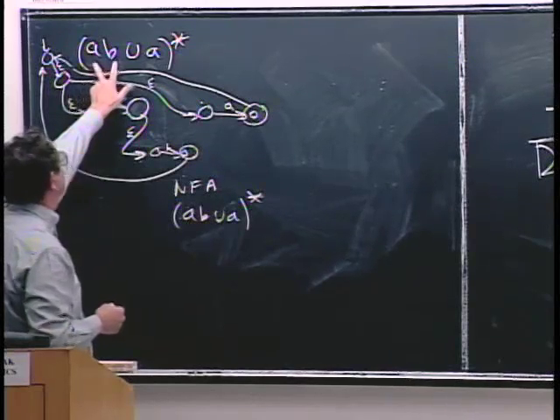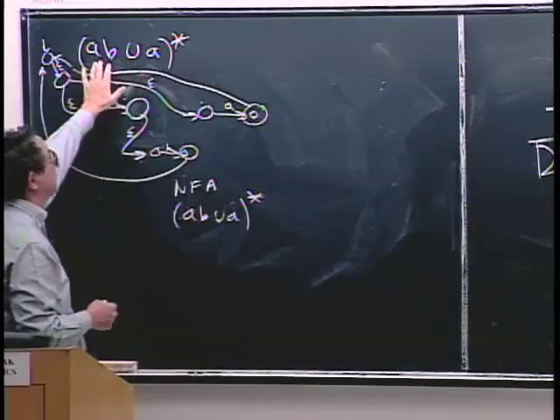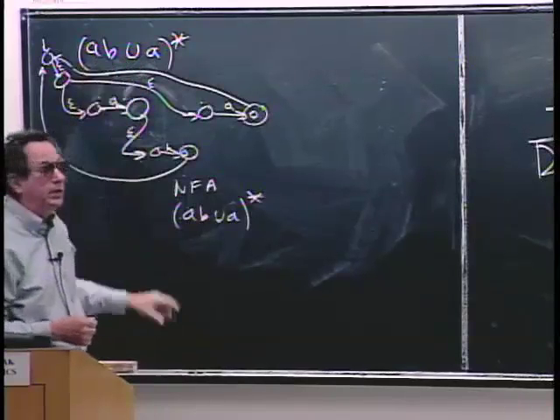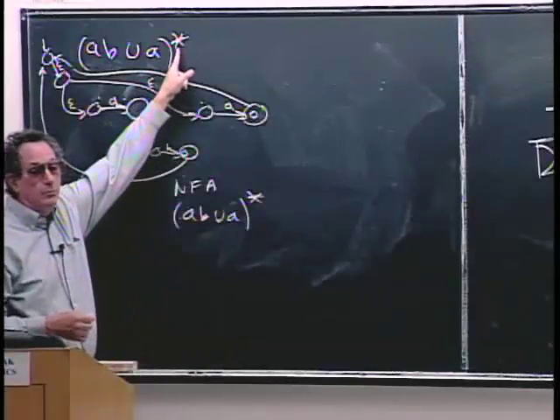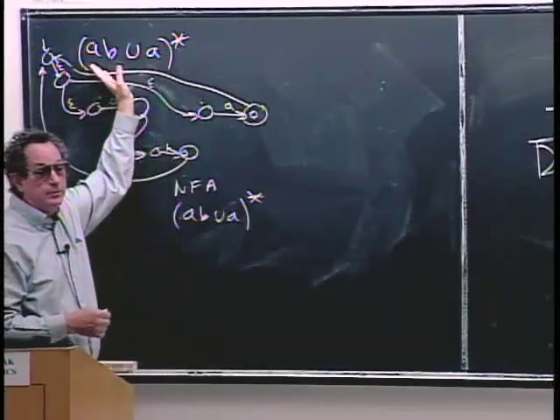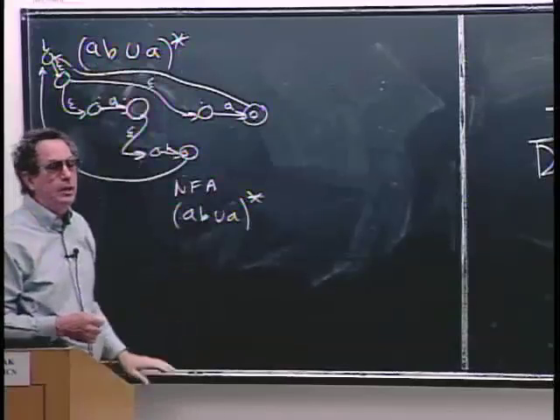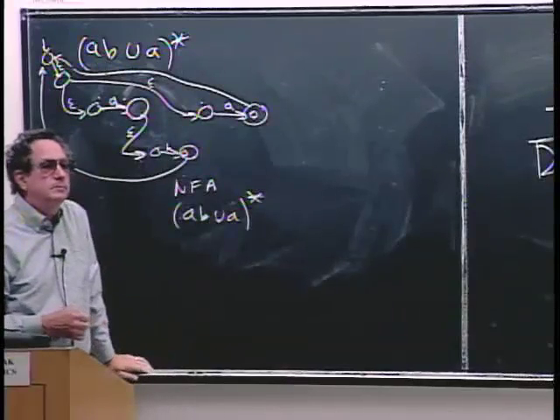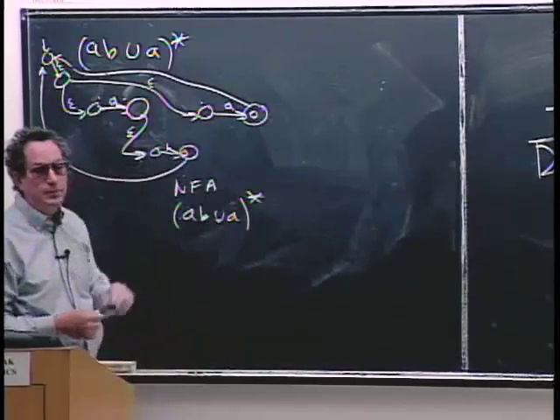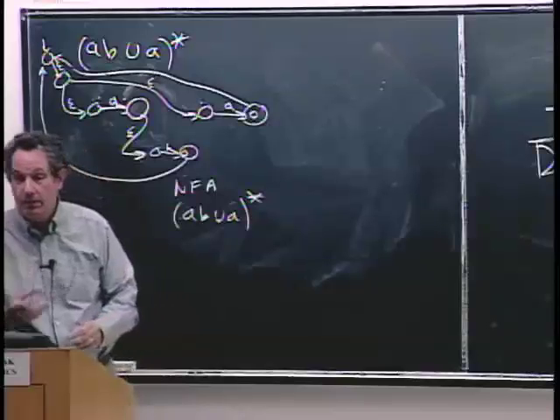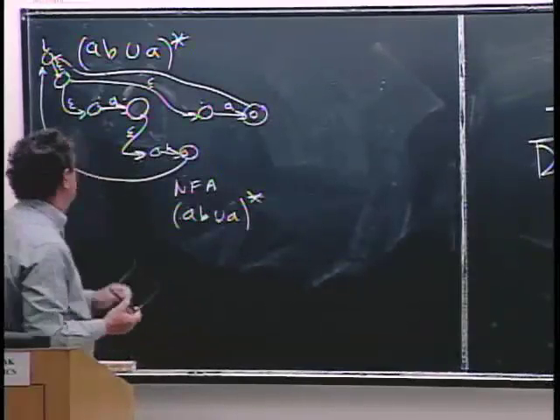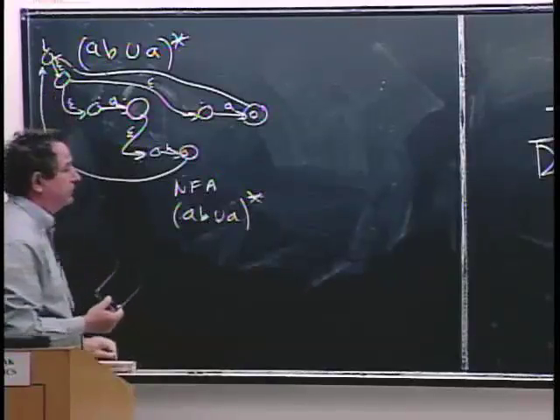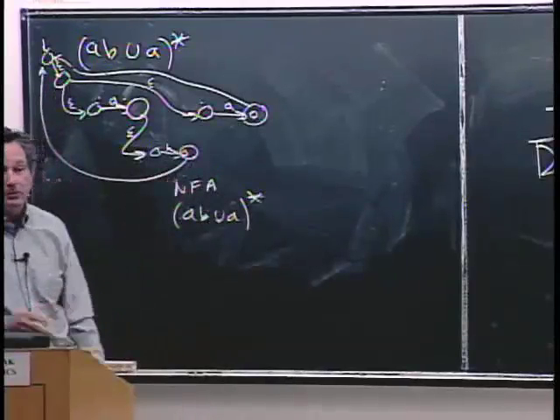Okay, you're saying this thing contains the empty string, because it has 0 or more repetitions of this. And you're saying this doesn't accept the empty string. Yeah, what was your comment? Make the start state an accept state. Well, the new start state. Well, you could make the start state an accept state, that's true, but we have to follow the rules.